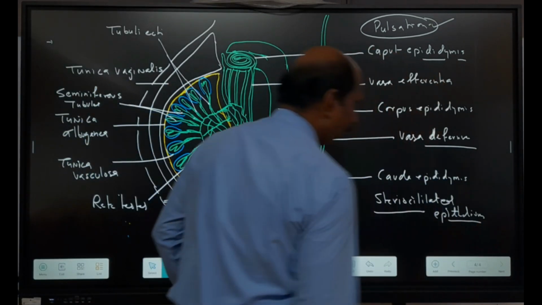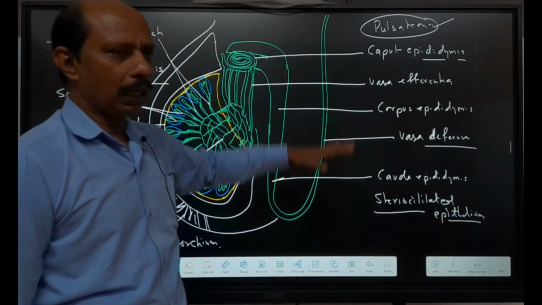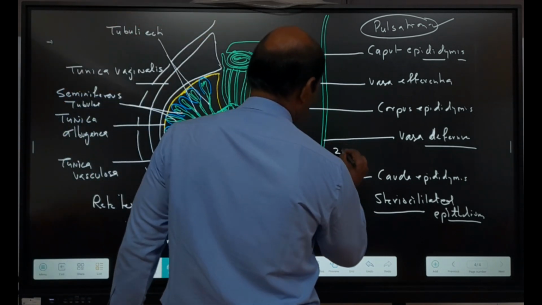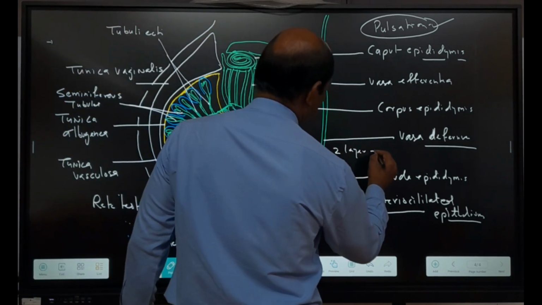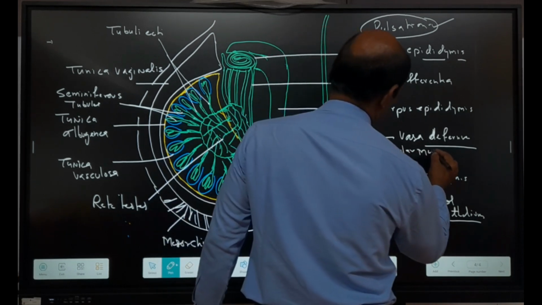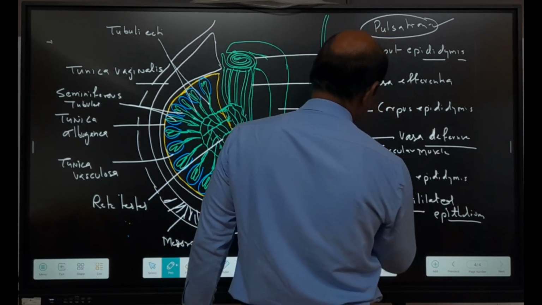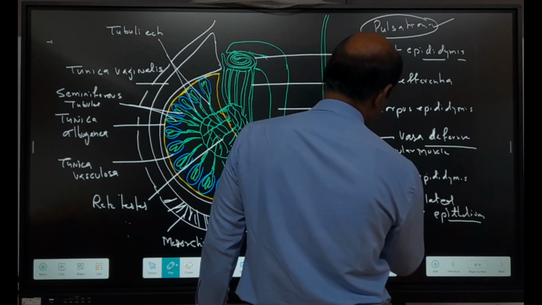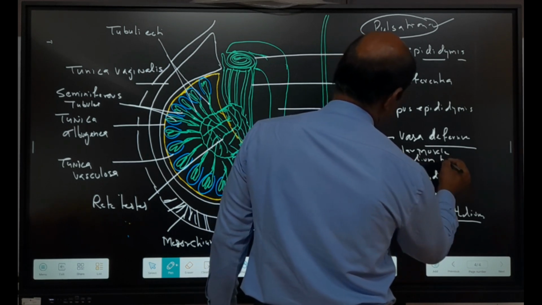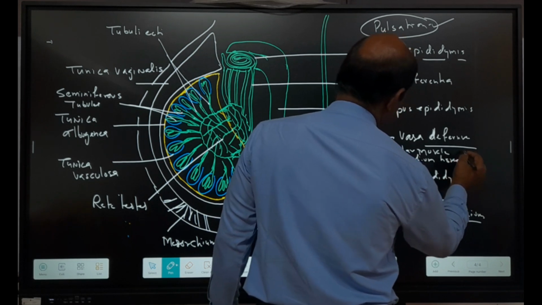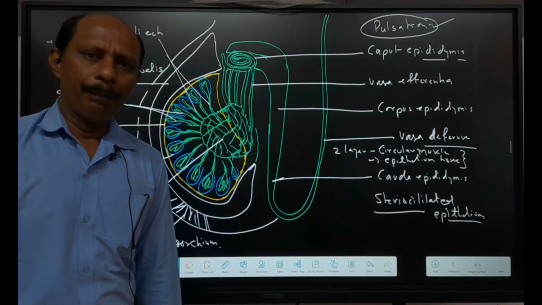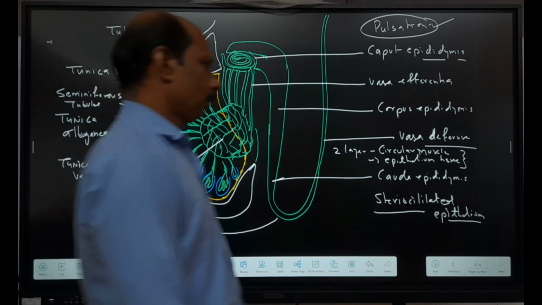When we see the anatomy of these ducts, they have two layers. These ducts are two layered, right? Two layered means the outer one is circular muscles, and the inner one is simple epithelium tissue. This epithelium tissue is stereociliated epithelium tissue. They form the layers of the vas deferens as well as the epididymis, right?